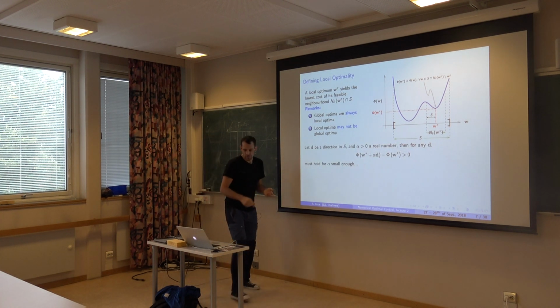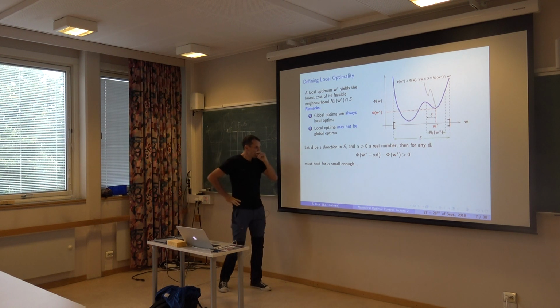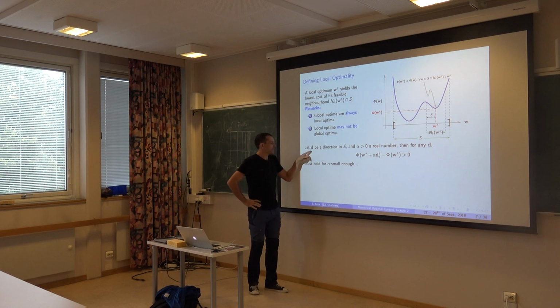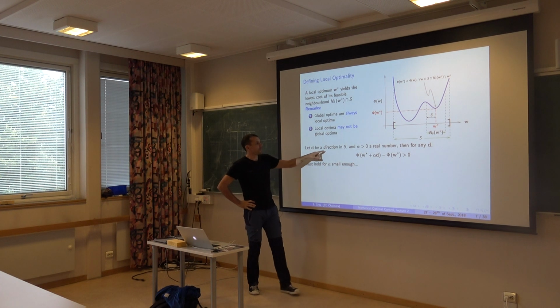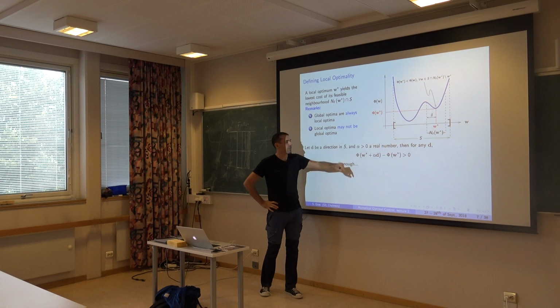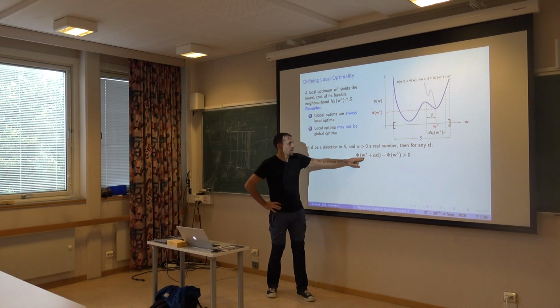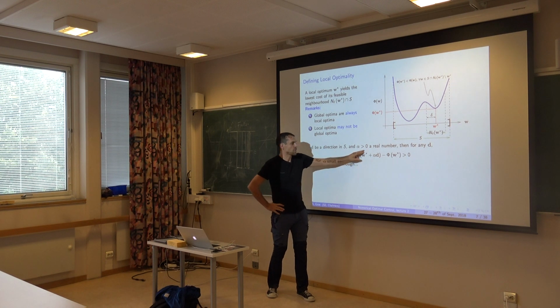One obvious but important thing, because I will use this in building the complete picture. What it means to be optimum is essentially that if you take any direction d inside the feasible set, and some constant alpha, possibly very small, that is positive, then if you move along that direction, the cost will increase.